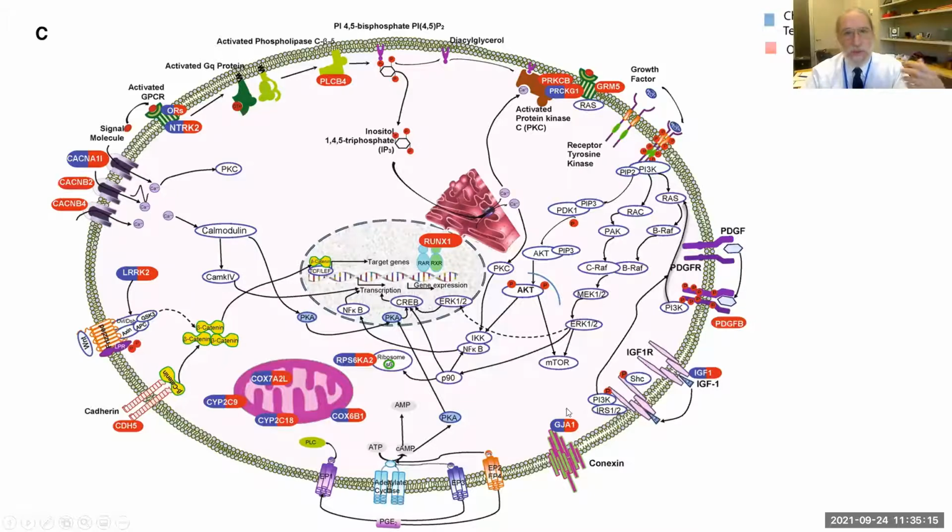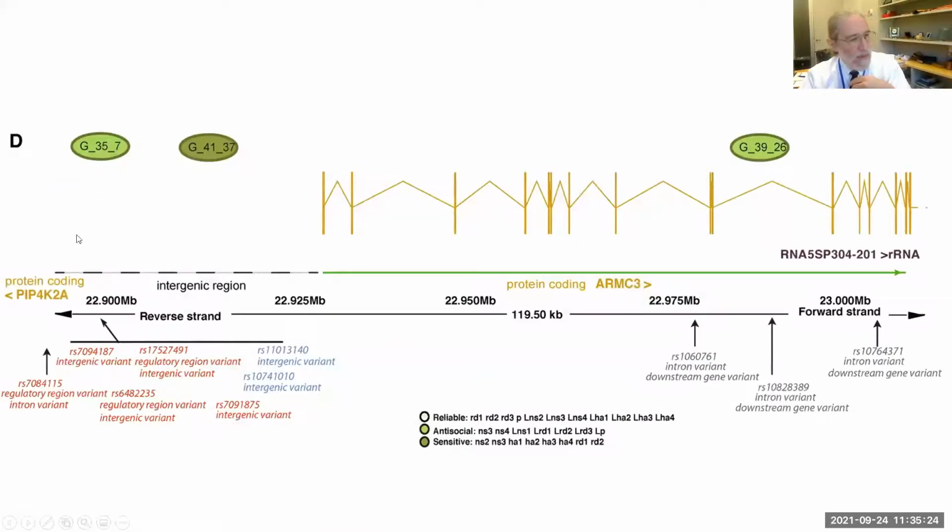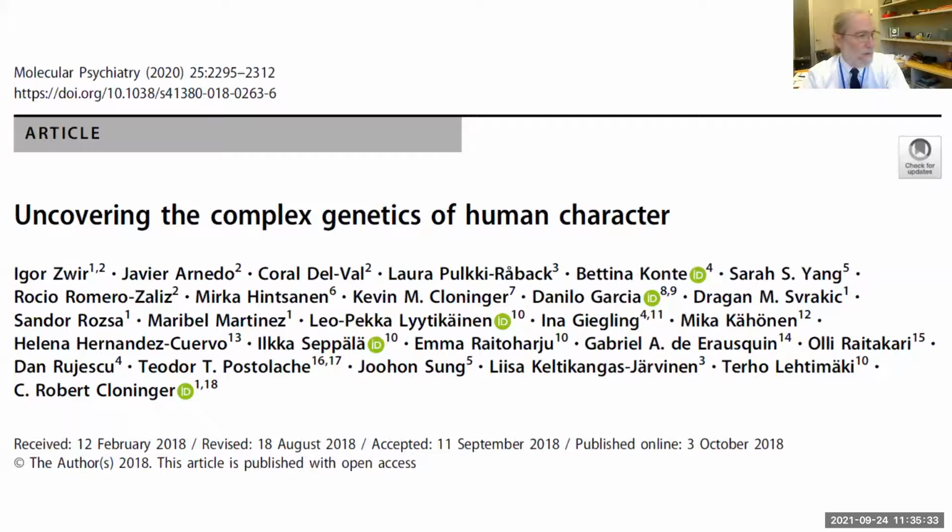They participate in processes such as regulation of stress and interpretation of emotional content of reality and things of that sort. And they have, again, very specific regulatory processes within the genetic makeup of the person.